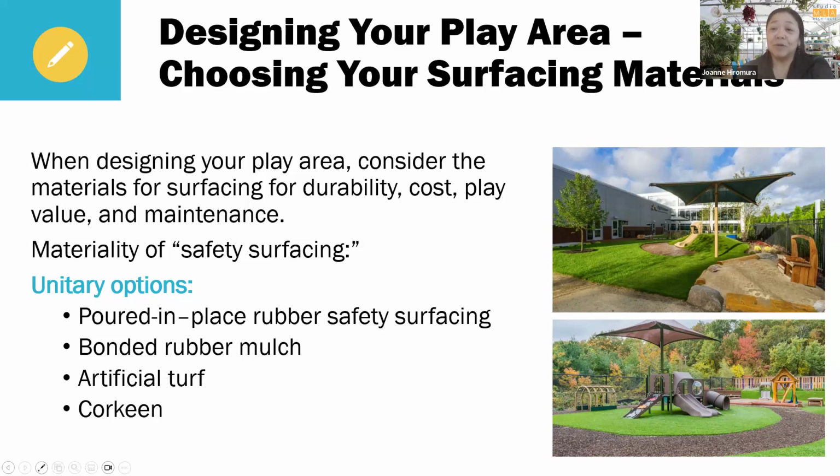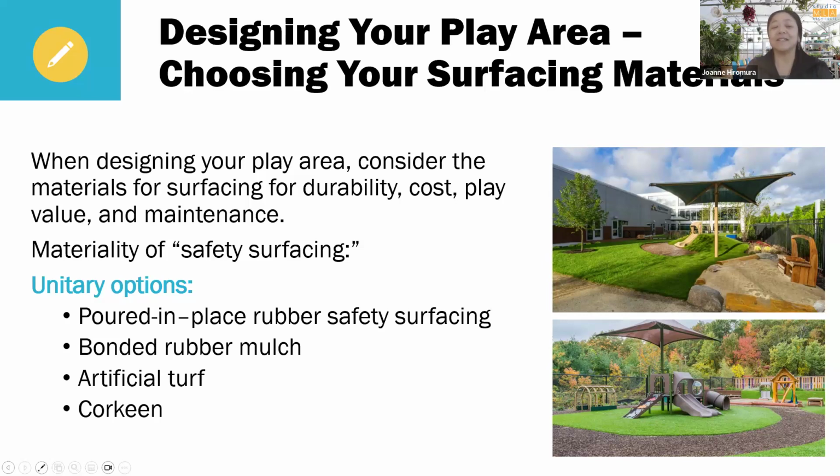There's a bonded rubber mulch material, made out of shredded rubber that's bound together with an adhesive. There's artificial turf, which is like a carpet that's rolled out. There's a newer product called Corkeen, which is made out of natural cork, but it's also bound together with an adhesive. So all these unitary surfaces really are fairly low maintenance.